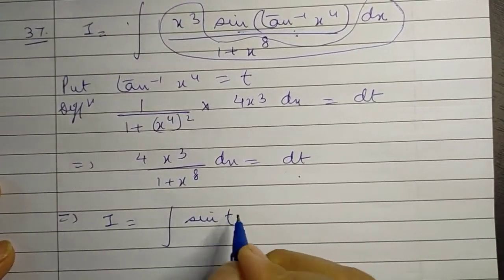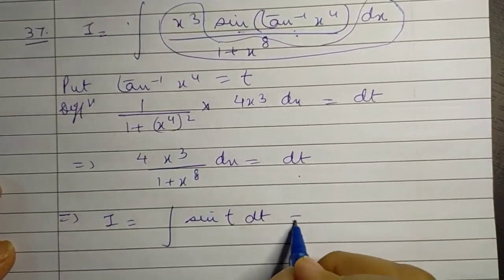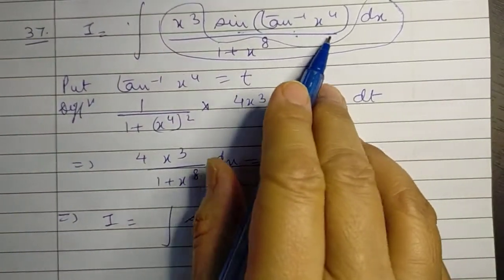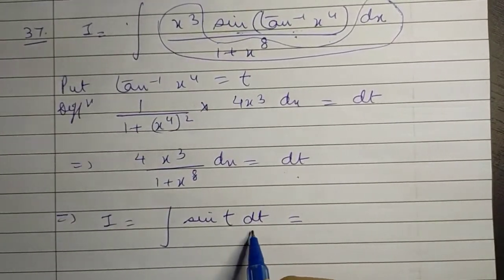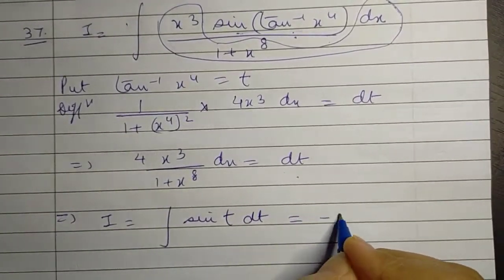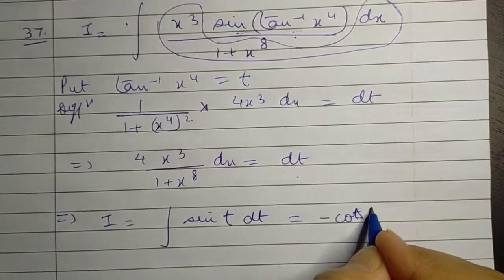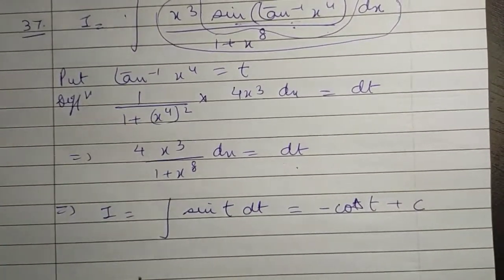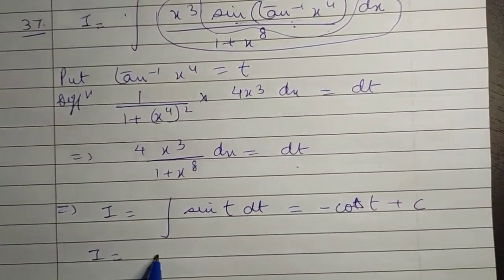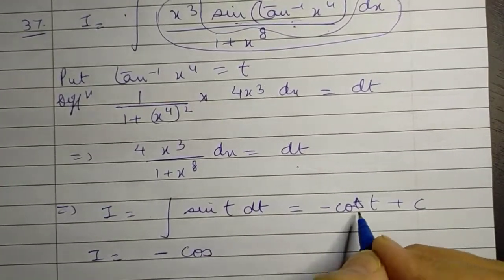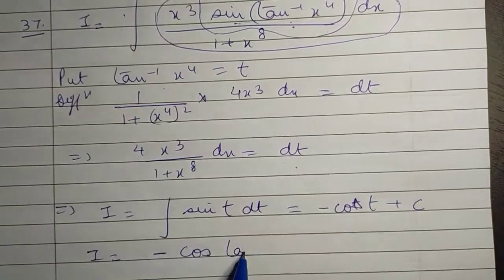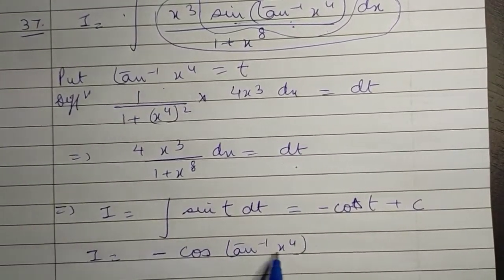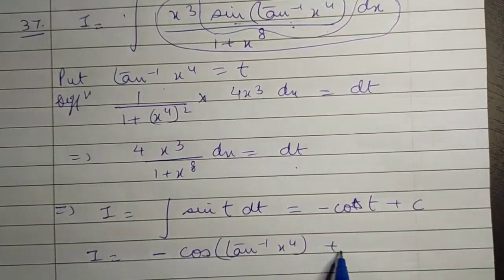sine of t into dt, which is such a simple thing. Now a question which looked so difficult has got converted to such a simple form, whose integral is minus cos t plus c. Replacing back in terms of x, we get minus cos of tan inverse x raised to the power of 4 plus c.